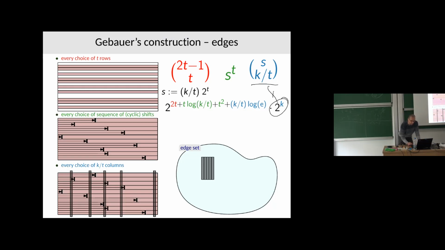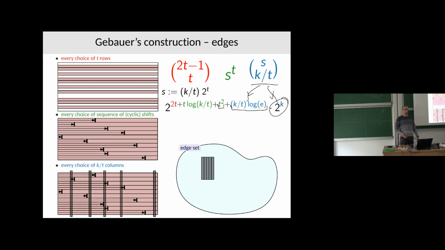But these choices of columns also introduce another factor here. Now if we want to choose t, we would like to see what are the most important parts of this exponent, and you can quickly see that this one is the most important one, and this one.